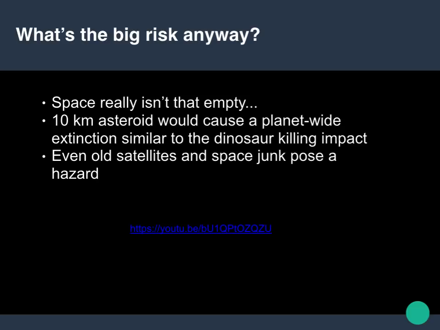So what is the big risk? Basically, space isn't as empty as we all made it out to be. It turns out there's still a lot of debris floating around, and we're still even launching a bunch of space junk up, satellites and such, and those can even fall back down and impact on Earth.